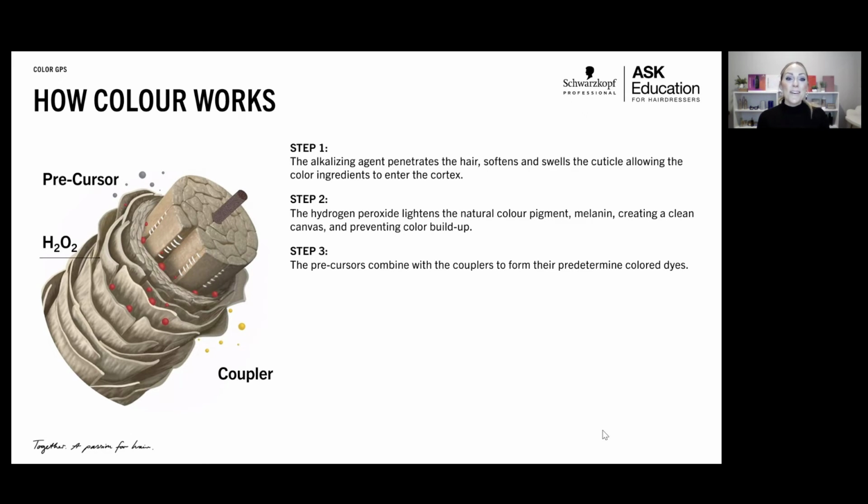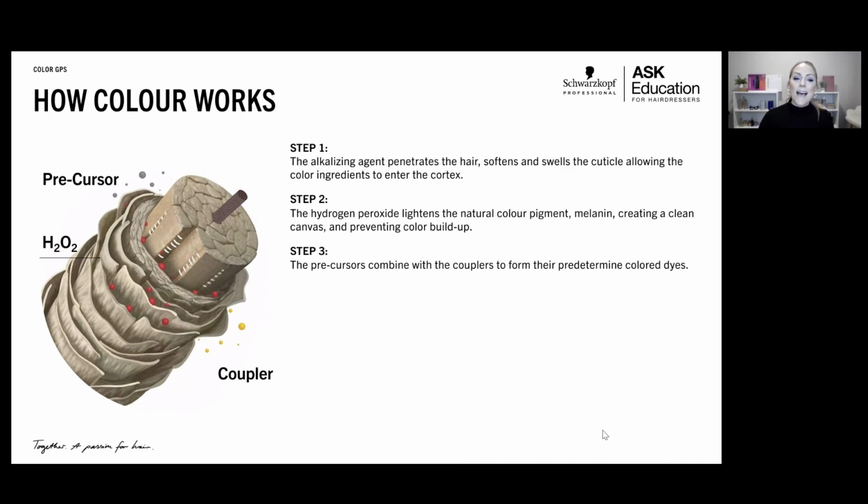All right, number 3 is precursors. Precursors are basically colorless pigments. You can see a little bit on the diagram here, these gray circles. Imagine a color precursor like an oxidative pigment that hasn't been activated yet. It's a colorless molecule, very, very tiny as well. You can think of it like a little colorless grain of sand.